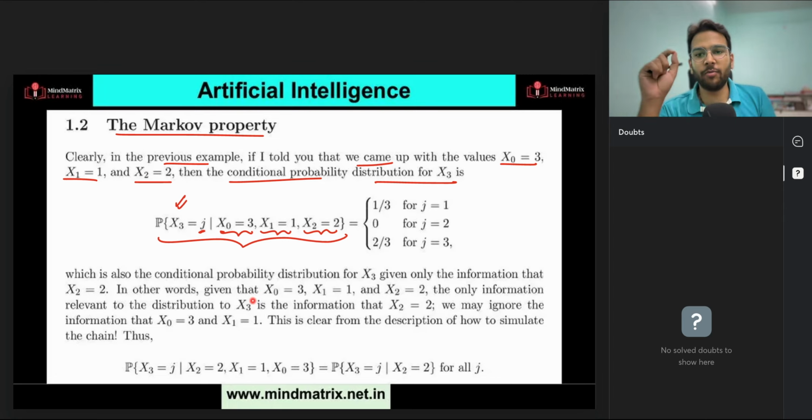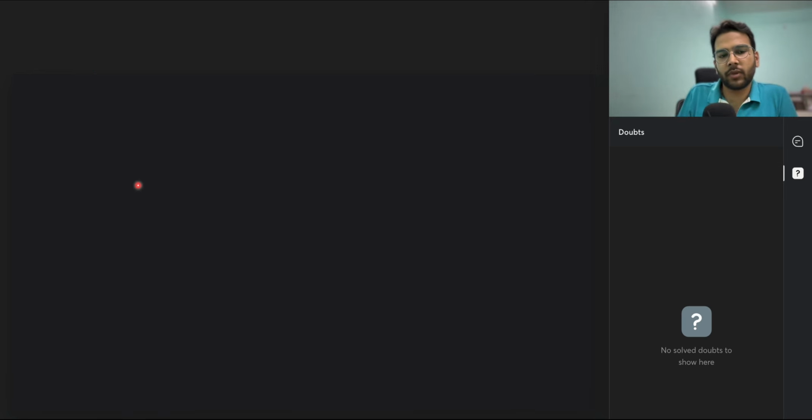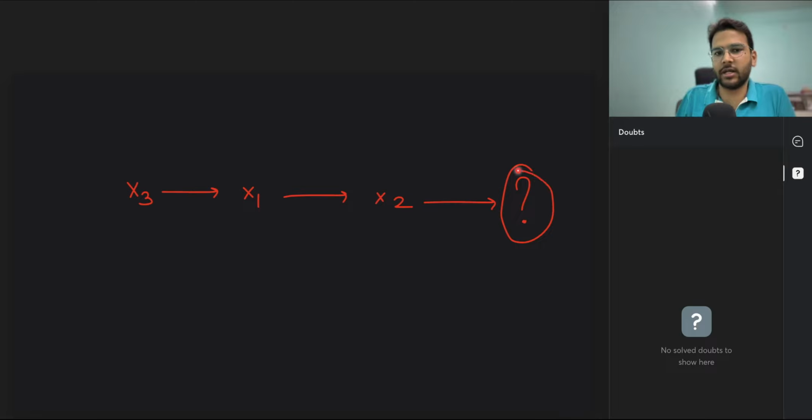Now we know what the Markov property is. Markov property says that the probability of the next state, let me explain here also. You went from x0 to x1, then to x2. Now, what will be the next state? Let's say it is m.